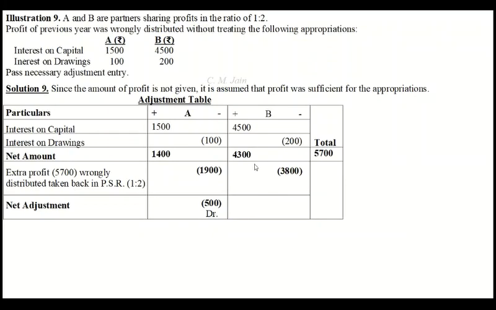In case of B, we have to give 4,300 and we have to take back 3,800. That means net amount will be 4,300 minus 3,800, that is 500 positive. Means 500 more needs to be given to B. So we need to credit B's capital account with 500.